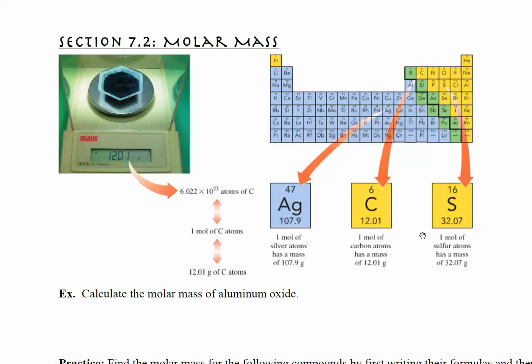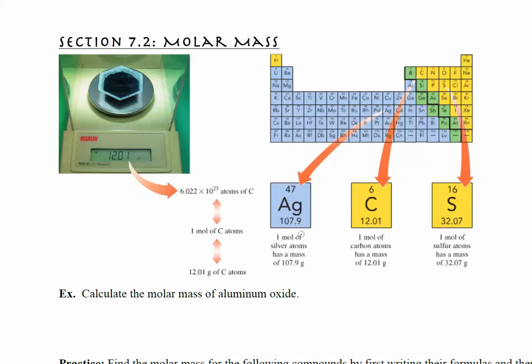Now, the really cool thing that we can do is we can relate mass, which is measured in grams, to the number of moles. And so this is how we do it. We calculate what is called your molar mass. Okay? The other really nice thing about this is the fact that the mass of each element, the average atomic mass, is used in order to calculate the molar mass of a compound.